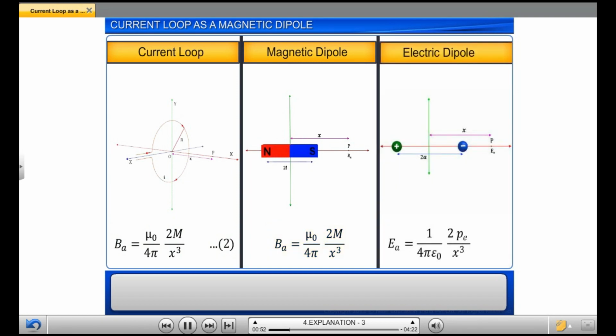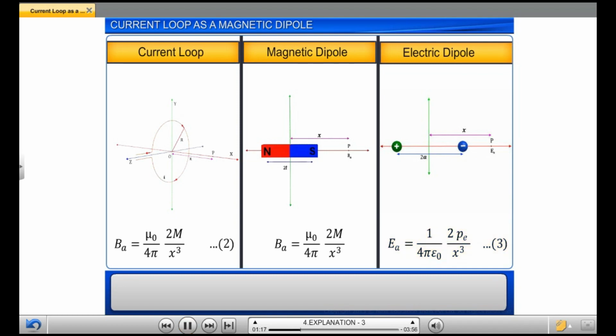We also know that the electric field intensity at a point P on the axial line at a distance x from the center of an electric dipole, EA is equal to 1 by 4 pi epsilon naught into 2 PE by x cube, where PE is the moment of the electric dipole. Let this be equation 3.